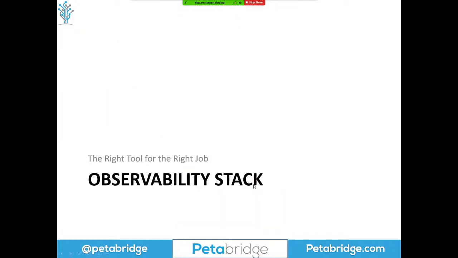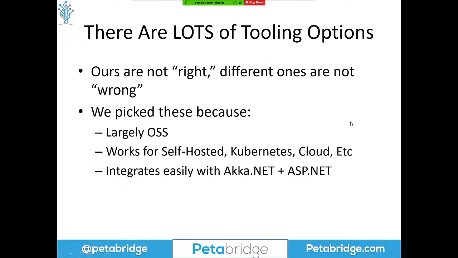Now, let's talk about the technologies we are going to use for doing this. And I'm going to start with a disclaimer. There are dozens of tooling combinations, and the ones that we're going to show you on the screen are not right, and different configurations other than the ones that we're showing are not wrong. We picked all these because they're largely open source, so it's easy for us to make demos out of them, and they're also fairly reliable, widely accepted tools in the industry.